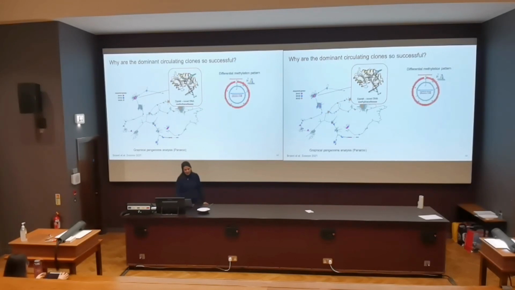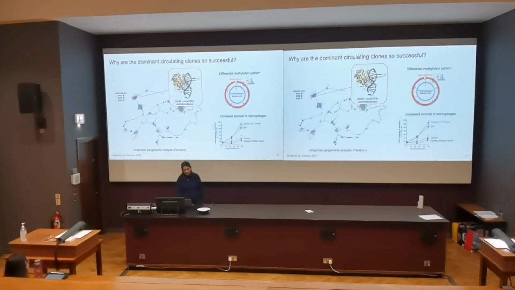And so we knocked it out, and we did PacBio sequencing, which is a way of identifying methylation patterns, and we found that across the whole genome it did have a different methylation pattern. We also did RNA-seq and found different patterns of gene expression, but we also infected mice and also macrophages in the lab, and found that acquisition of this gene led to higher rates of survival within macrophages.